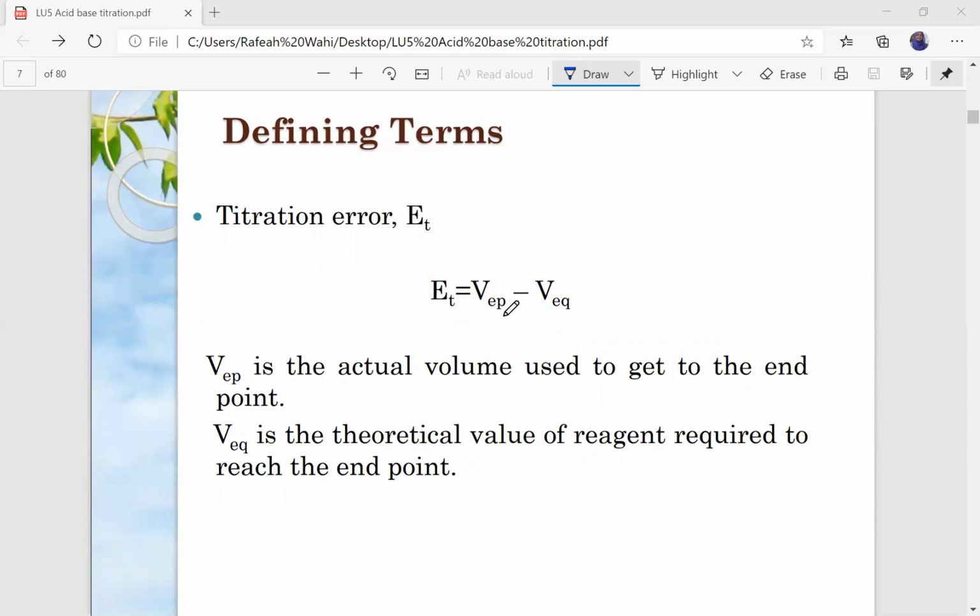So we have VEP, which is the endpoint. This is the experimental value of the endpoint or physical change seen or visualized through an indicator during a titration. And VEQ is the equivalence point, which is the theoretical value of reagent when the titration reaches the chemical equivalence between the titrant and also the analyte.